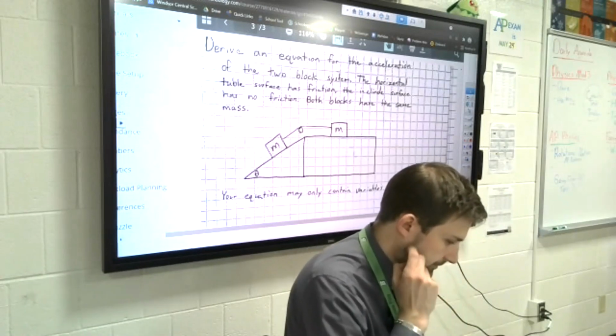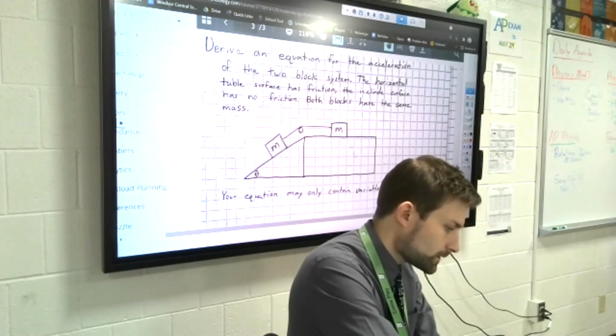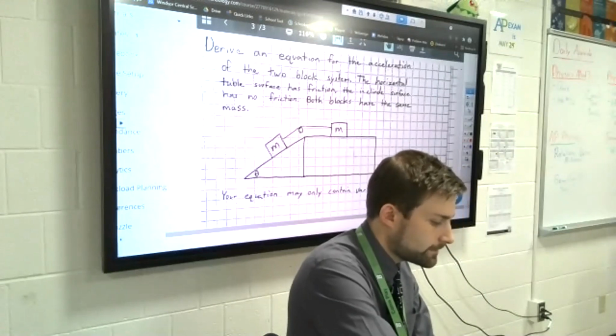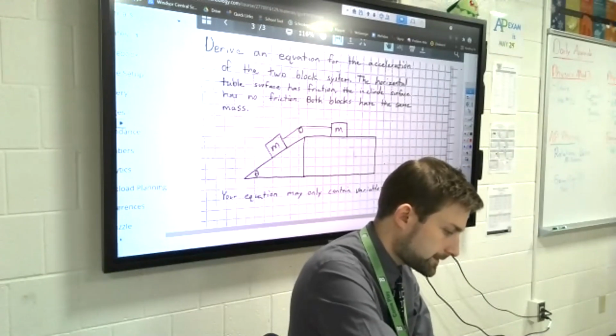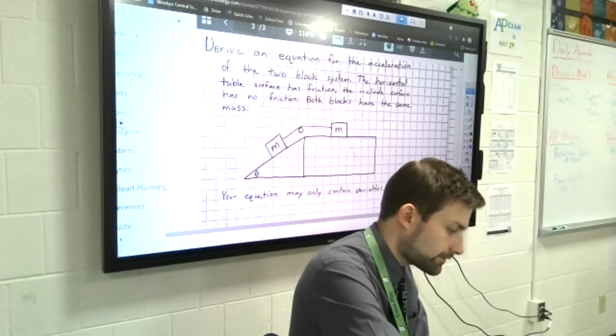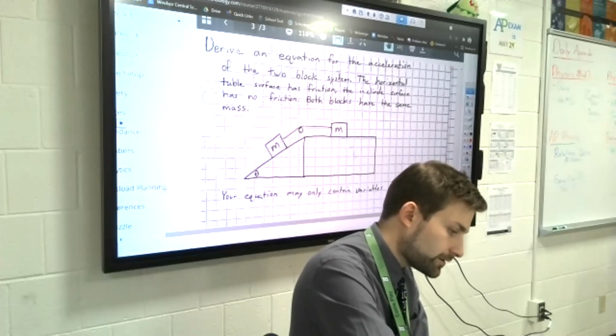Okay, and so you have T2, FG3, 10 kilograms times 9.8 meters per second squared, subtracted from T2 has to be equal to 10 kilograms times negative 2.67 meters per second squared.